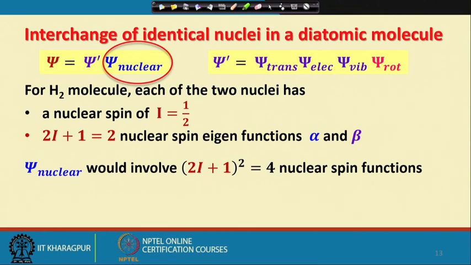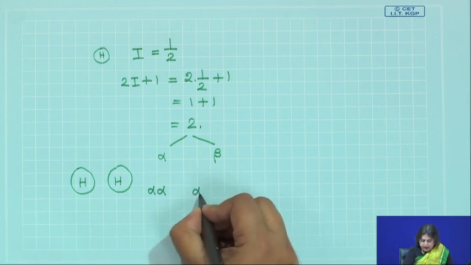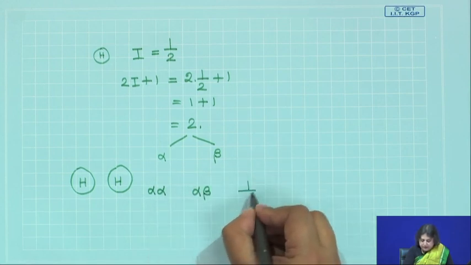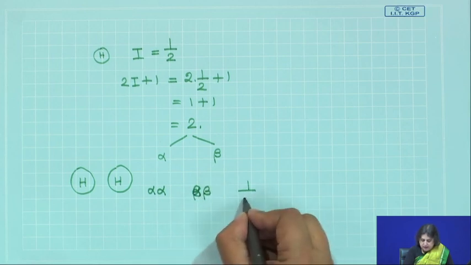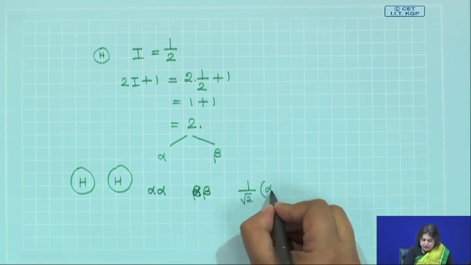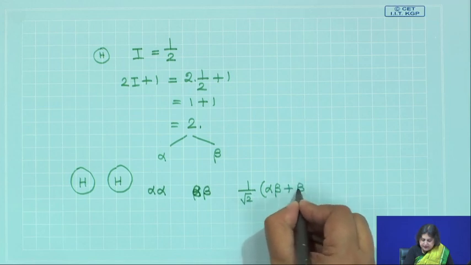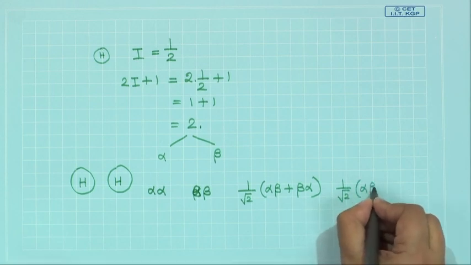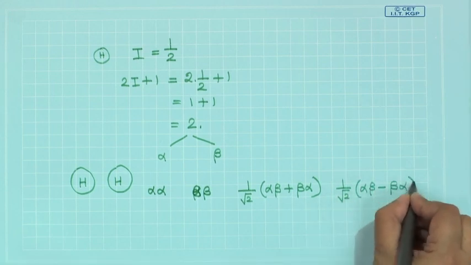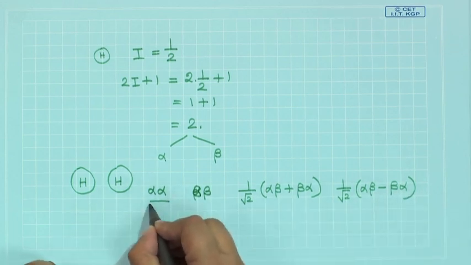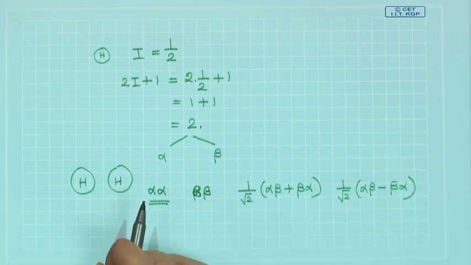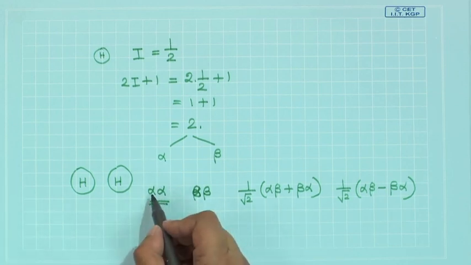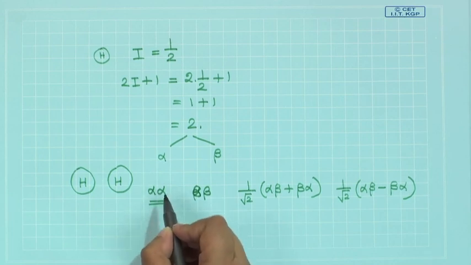It will involve 4 nuclear spin functions, and these are alpha alpha, beta beta, 1 by root 2 alpha beta plus beta alpha, and 1 by root 2 alpha beta minus beta alpha. So, this means that both the nuclei are existing in the state such that this has spin wave function alpha and this has spin wave function beta.